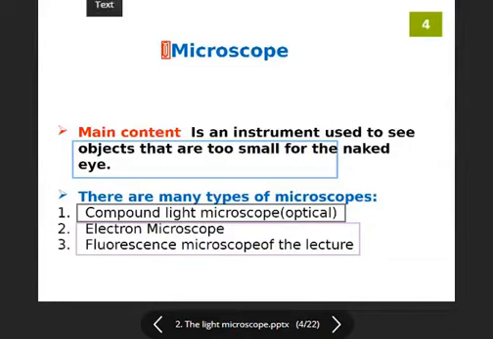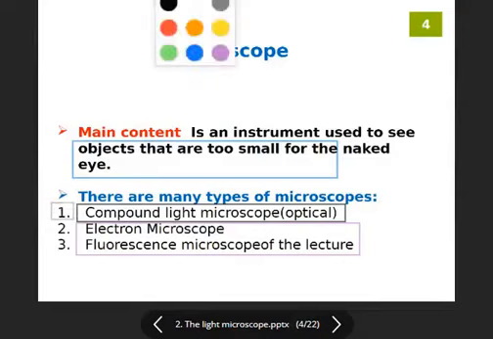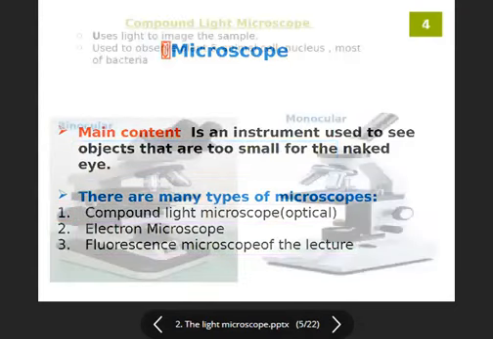Dear students, we are using only the compound microscope in the lab. We are not using the electron microscope and fluorescent microscope. These microscopes are used in the research lab. IBHAS we use it.